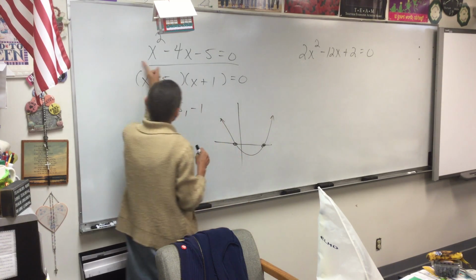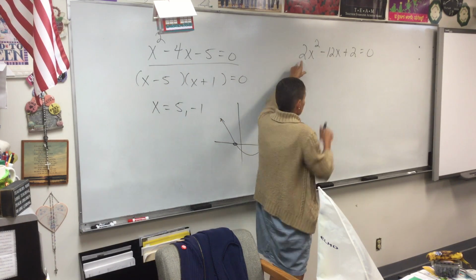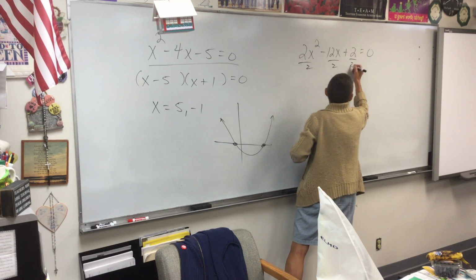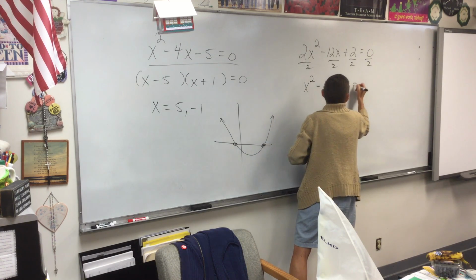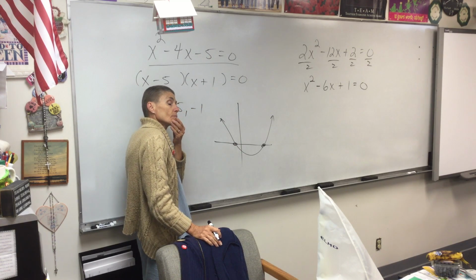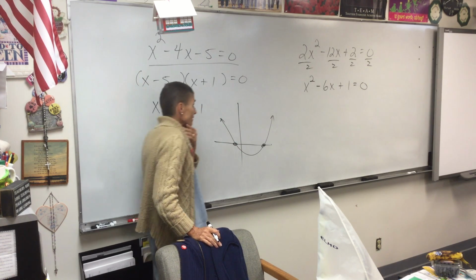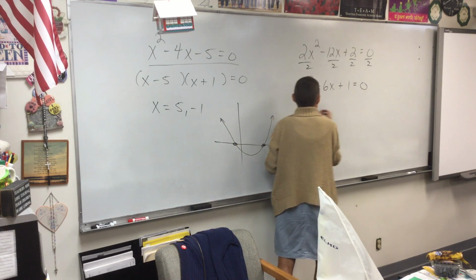So if your equation looks like this, you're good to go. If it has a coefficient here, you got to divide it out. The second thing that has to happen is this number's got to be moved to the other side.